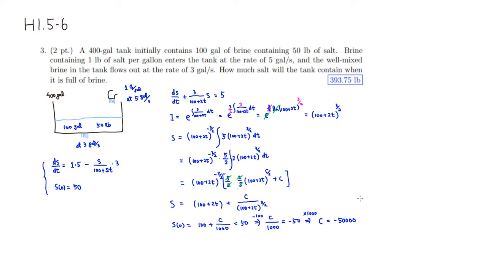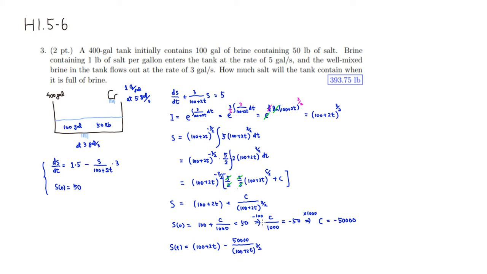Right, so we got negative 50,000. So therefore, S of t came out to be 100 plus 2t, right, and minus 50,000 divided by the quantity 100 plus 2t raised to the 3/2 power.